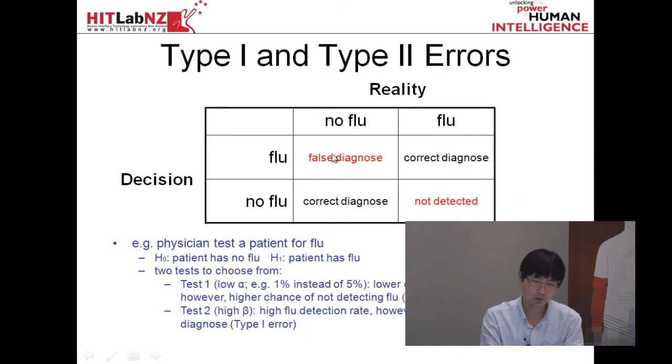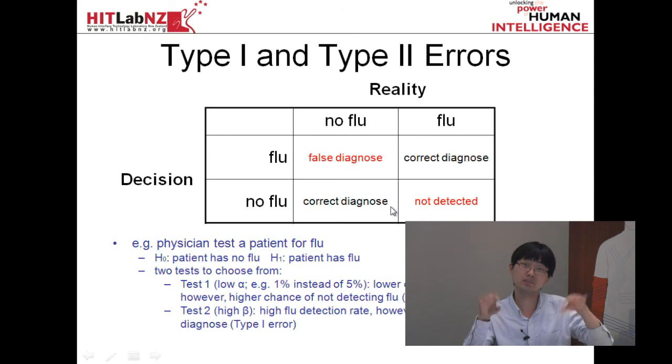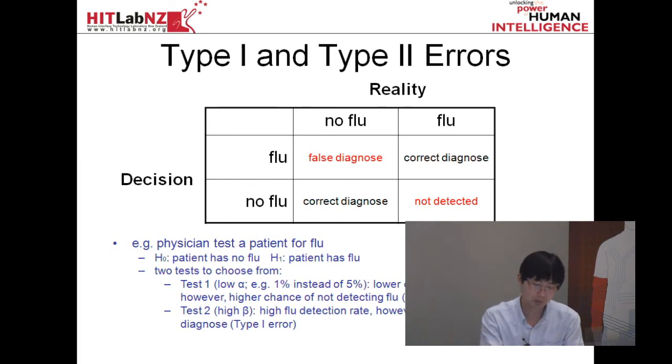So these two are dependent on each other. If you try to make type 1 error happen much less, then you might increase the probability of type 2 error.